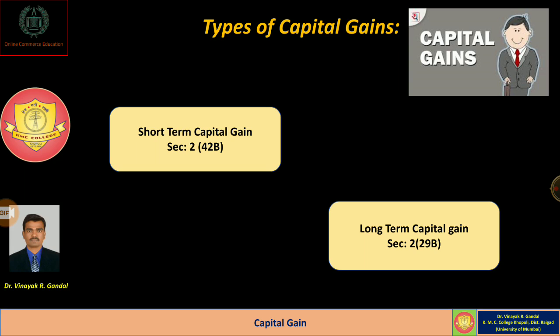First, long-term capital gain arising from the sale or transfer of equity shares in a company or units of an equity-oriented fund of listed securities, and second, long-term capital gain arising from the transfer of a long-term capital asset other than listed securities. So these are the two sub-classifications of long-term capital gain as per Section 2(29B). Okay.